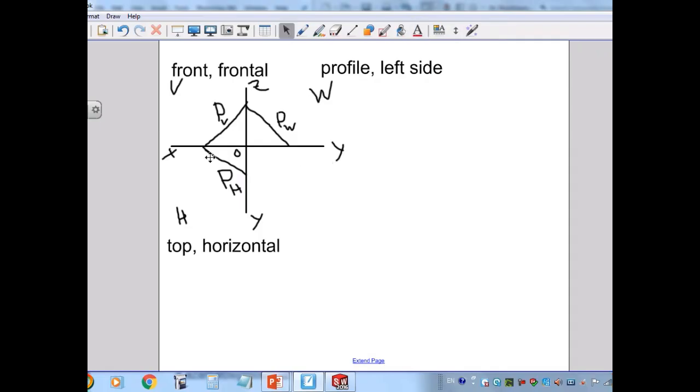By giving these traces, we can define a plane which might not be parallel to the projection planes. In case the given P plane is parallel to one of the planes, it will be something like this. So let's draw it.